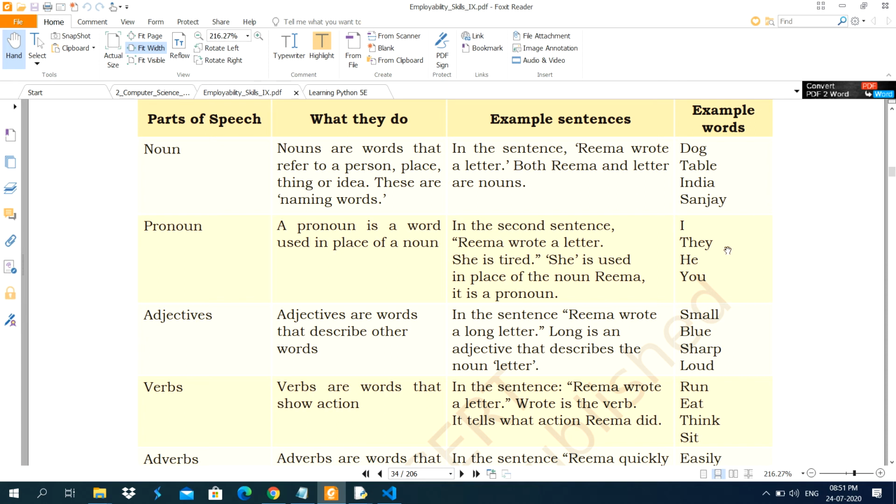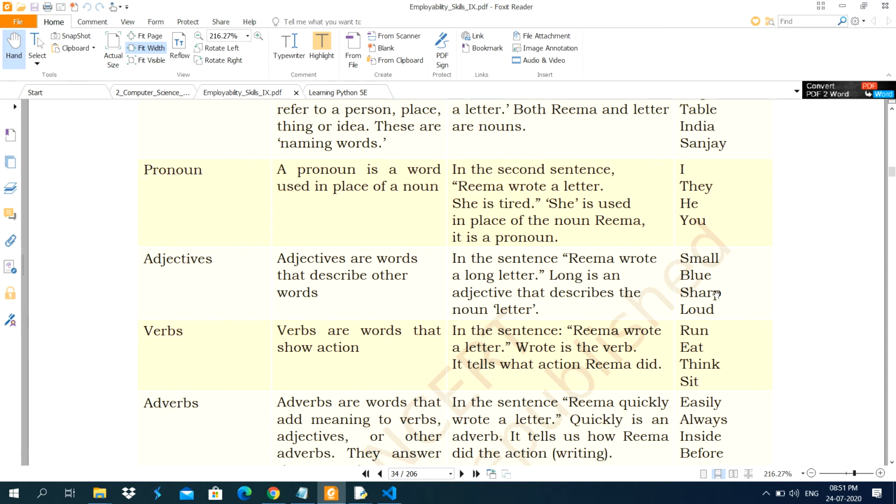Some more pronouns: I, they, he, you. Why have I used she in this sentence? Because if we repeat the word Rima many times in the sentence, it is not good, so you use a pronoun in place of a noun.